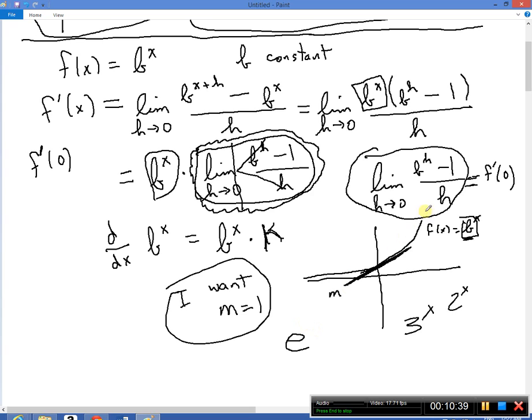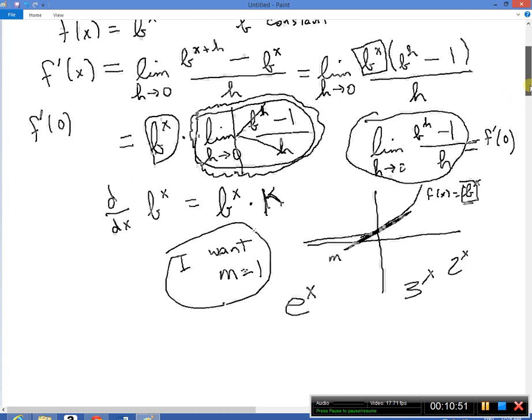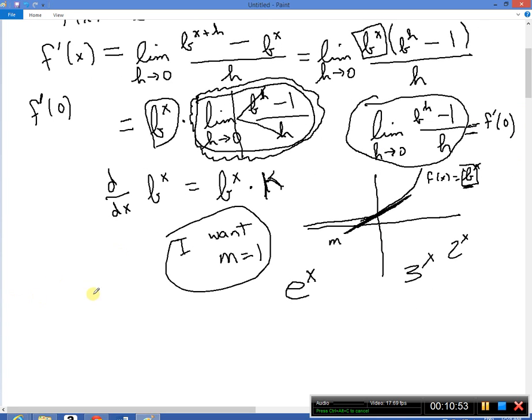It's the special base where the function e to the x happens to have a tangent line at 0 that is of slope 1. And this is so wonderful because what does that say about the derivative of e to the x?